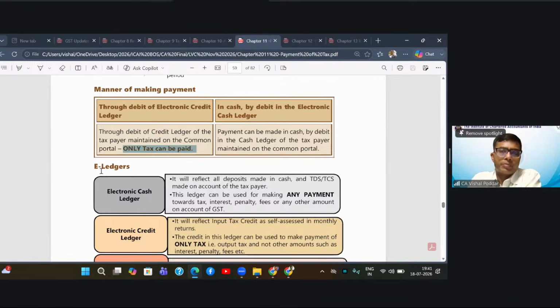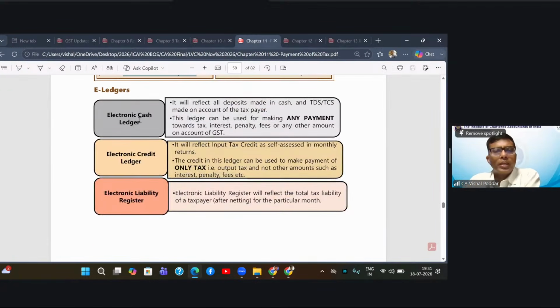It does not have interest or penalty. Correct? So the electronic cash ledger will reflect all deposits made in cash plus the TDS and TCS that has come to you. This ledger can be used for making any payment towards tax, interest, penalty, fees, etc.